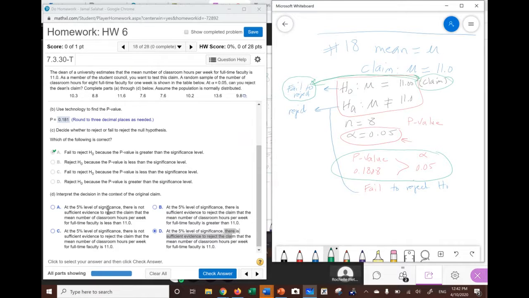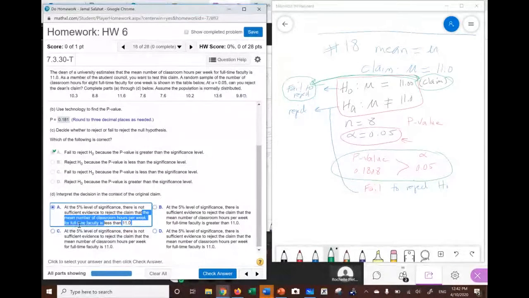So let's continue. You notice A and C are identical until we get to the final statement. Here it says the mean number of class hours per week for full-time faculty is less than. That is what it says. The claim is saying it's less.